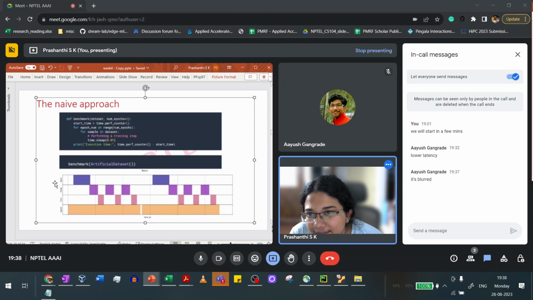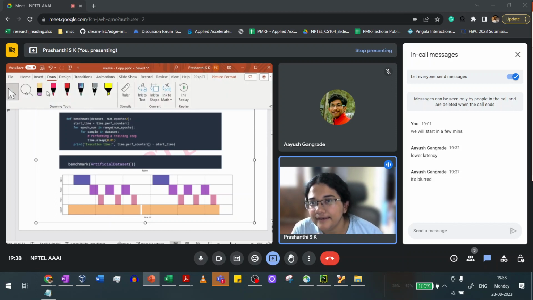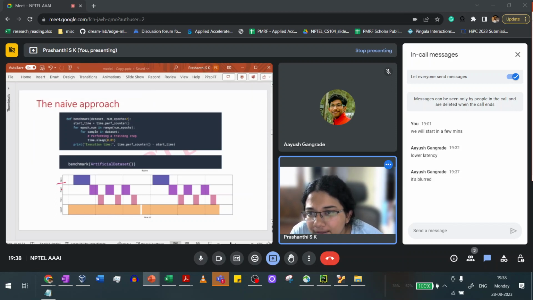So broadly, in case you can't read, this is open, read, train, right? And this is your epoch time. So here you kind of fetch the data and you read it and then you train on it. So you can see this happening very sequentially, right? Which is a very naive way of doing it.